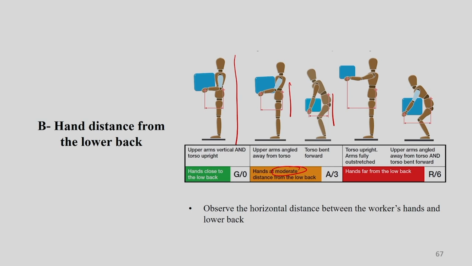Or the upper arm is angled away from the torso and the torso is bent forward. Here the bending is not that much, whereas in the red zone it's quite more. It's a little more. And hands far from the lower back. Here the hands are at a moderate distance, whereas there the hands are a little far from the body, more far from the body.